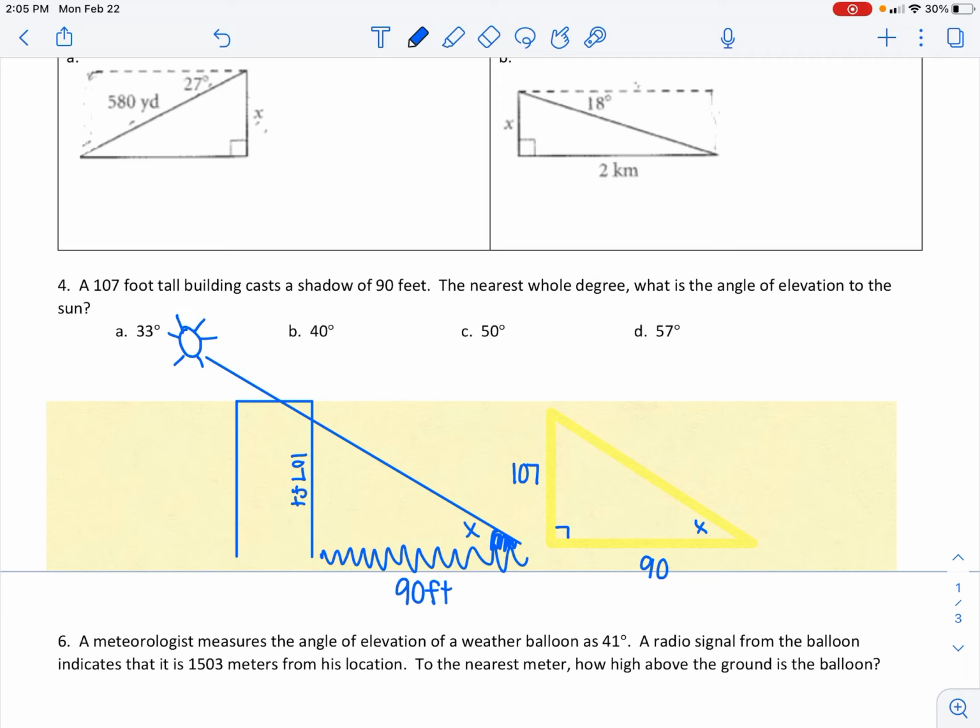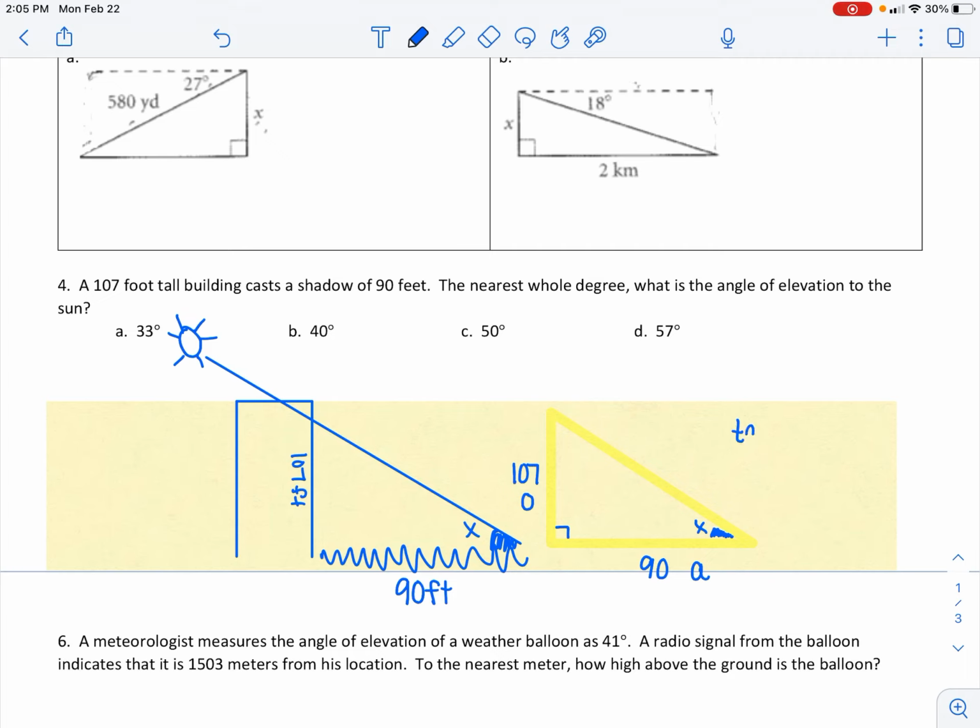So in order to use trig, I need to figure out what 107 and what 90 is in relationship to that angle x. So 107 is going to be my opposite side, and 90 is going to be my adjacent side. Since I have opposite and adjacent, I'm going to be using tangent.